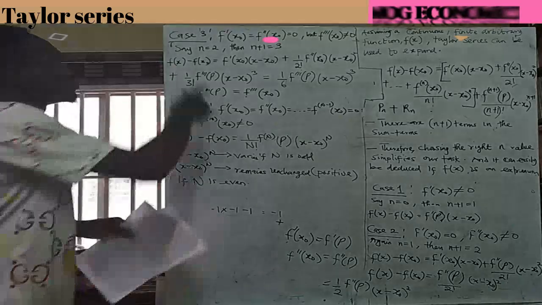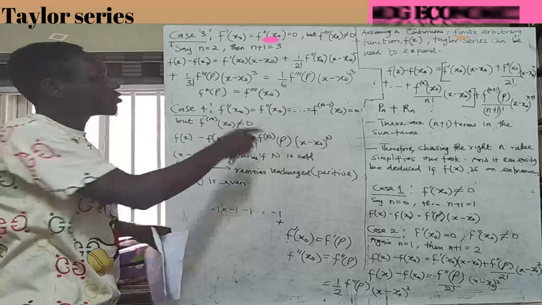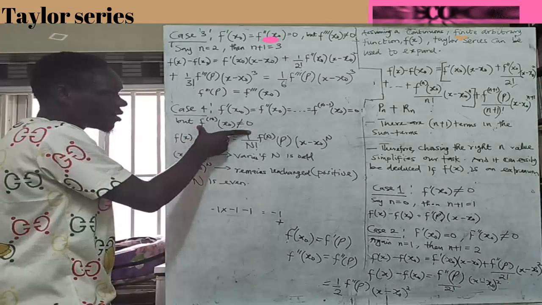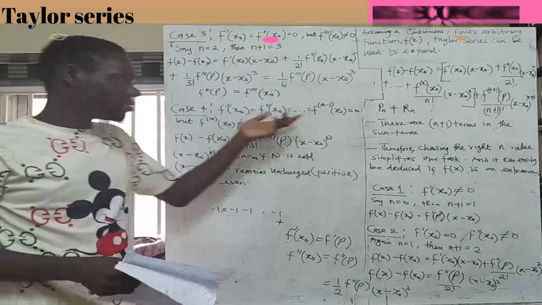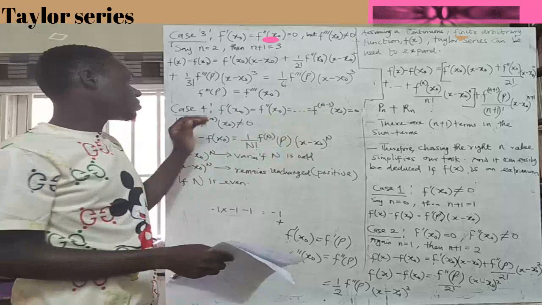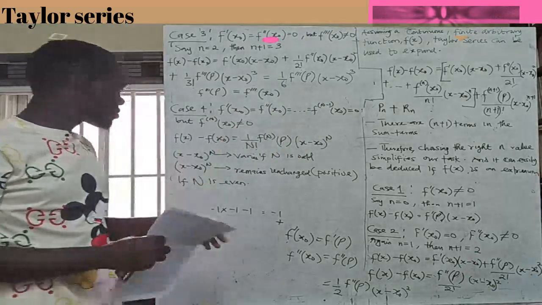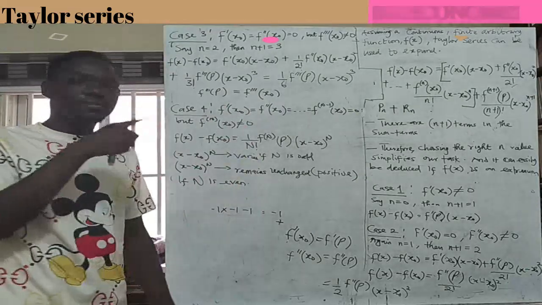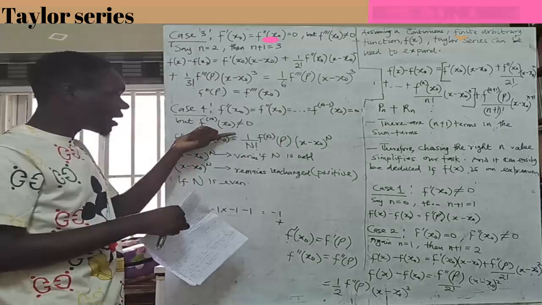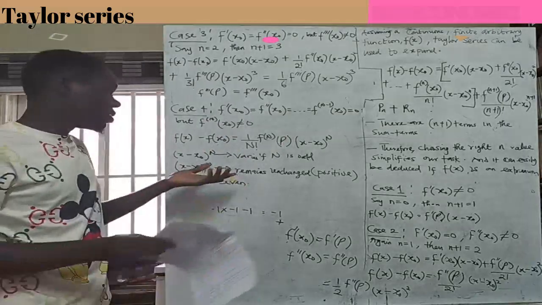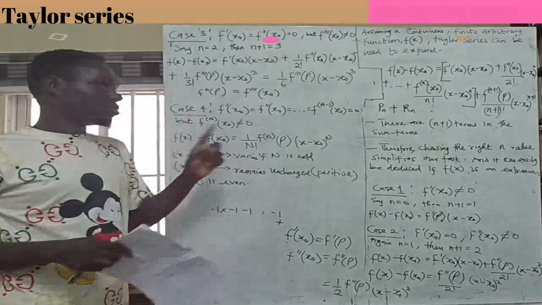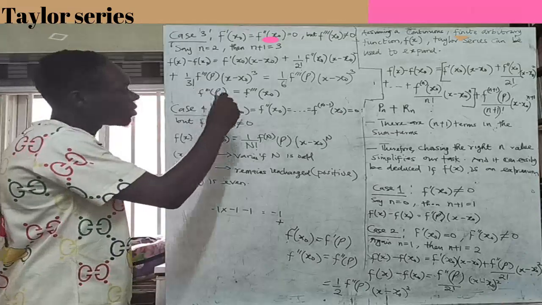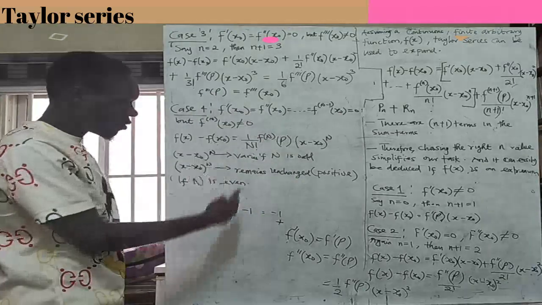Okay, and now the final case is just the nth order case, where we have a specific nth value. In the third case, we were differentiating to the third derivative, but in this case we have the nth derivative value. That means the series in our formula continues like that up to the nth degree. So the assumption at this point is that the derivatives before the final one, which is the nth derivative, will be zero, and all those derivative values will drop out of the equation.